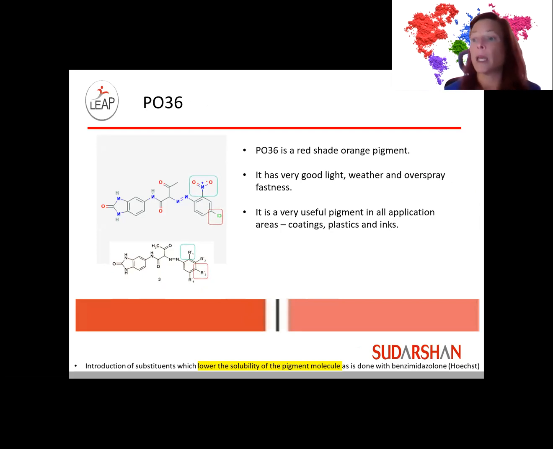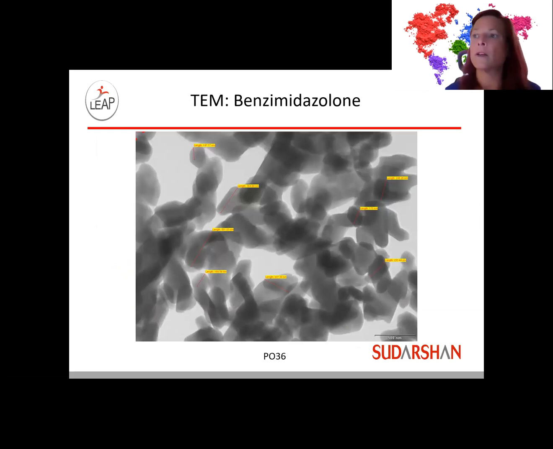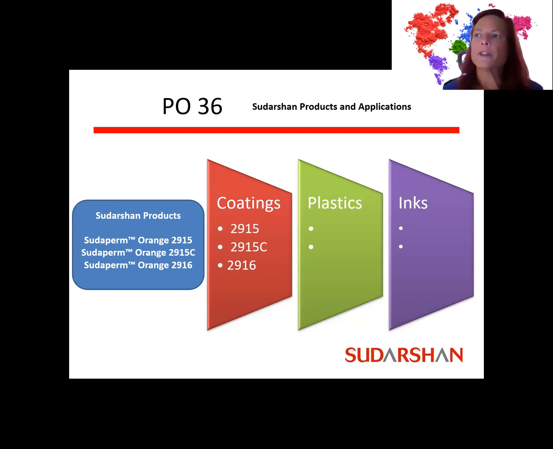It's used in all applications, and it is also more of a block shape in the crystal structure. And Sudarshan offers 3 versions of the pigment orange 36. These were originally developed for the coatings area, but do very nicely in plastics and inks as well.